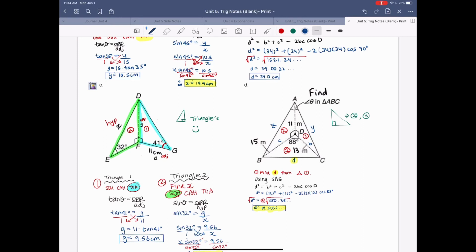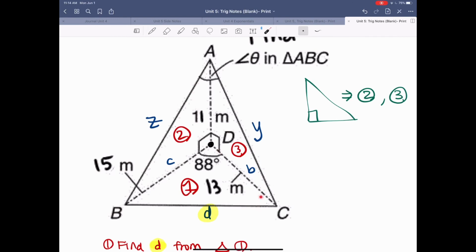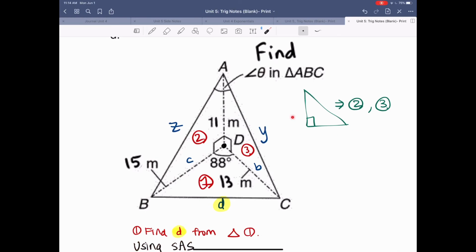Although I want to get to my angle A, it seems I need more than one step here. For now, I worked with my triangle 1. To find Z or Y, it seems I could use either of Z or Y, keeping in mind that I have a right angle triangle involved. For example, there's an 11 there and a 15 there, and an 11 there and a 13 there.